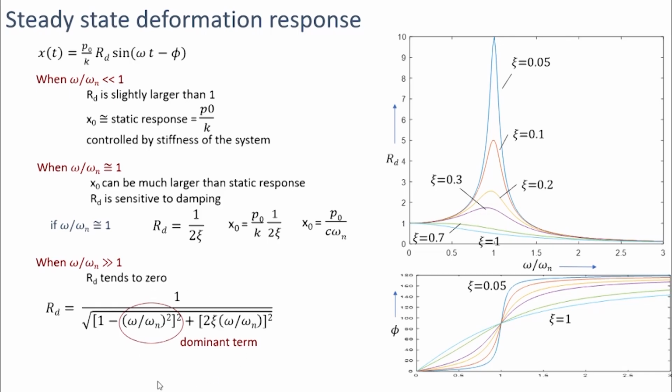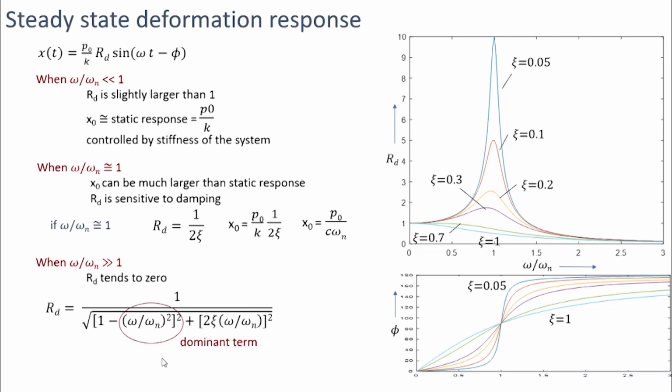So this is the expression for Rd, and in this, if you observe the denominator, the terms under the root, 1 minus frequency ratio square, the whole square.